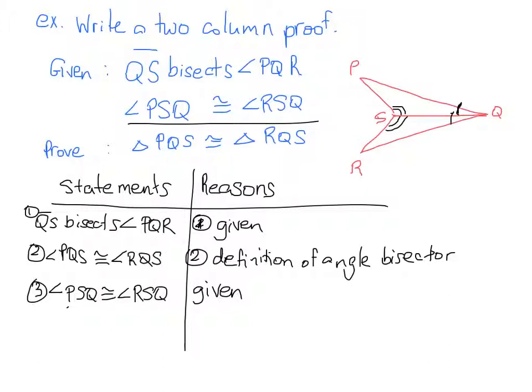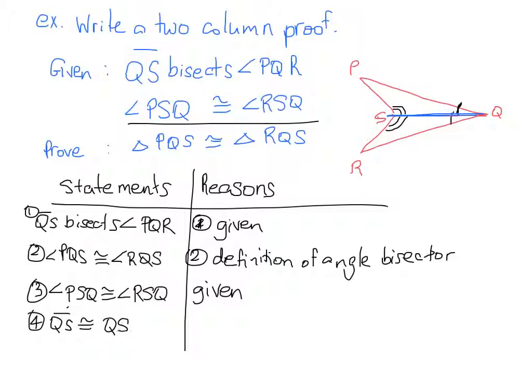All right, so what else do we have here? Well, there is a side that is a part of both of these triangles. That blue side here is a part of both triangles. So because of that, it is congruent to itself. So our fourth statement says that QS is congruent to QS.